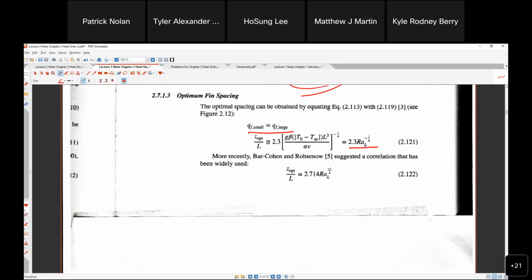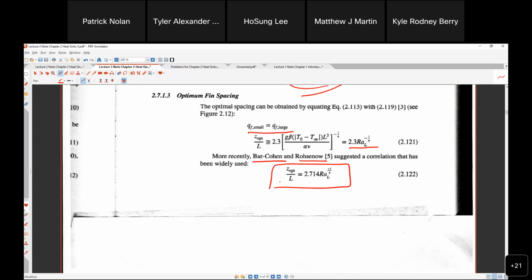Analytically, we found the 2.3 Rayleigh inverse quarter, but later Bar-Cohen and Rohsenow, Bar-Cohen is a Minnesota professor, Rohsenow, MIT professor, they found it.